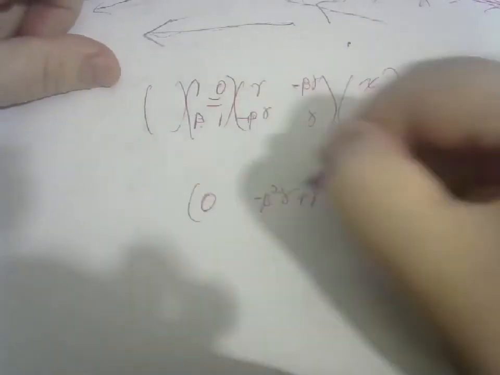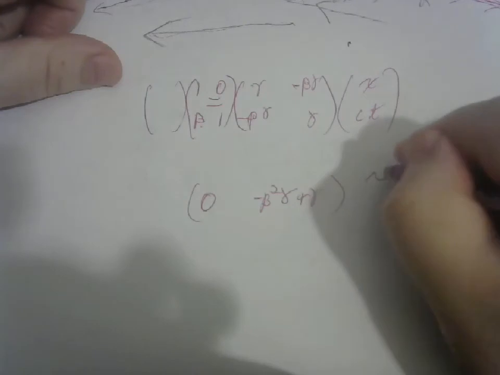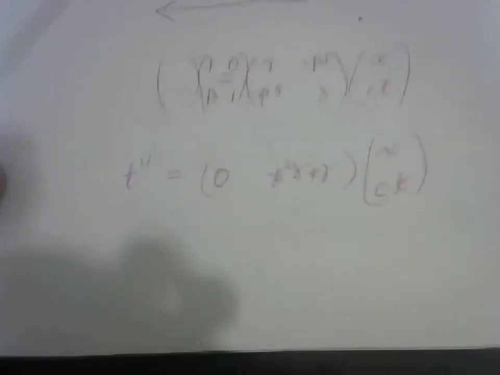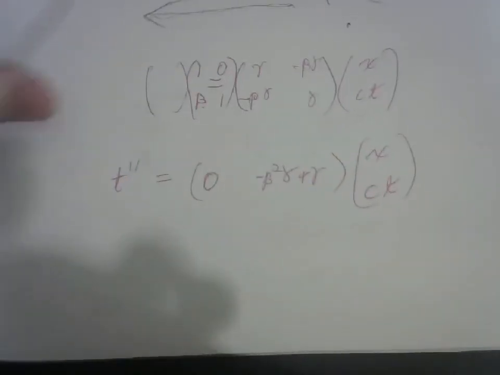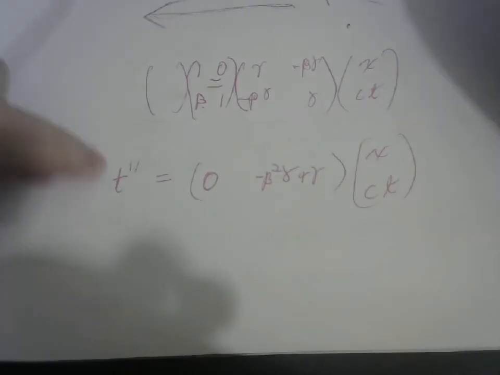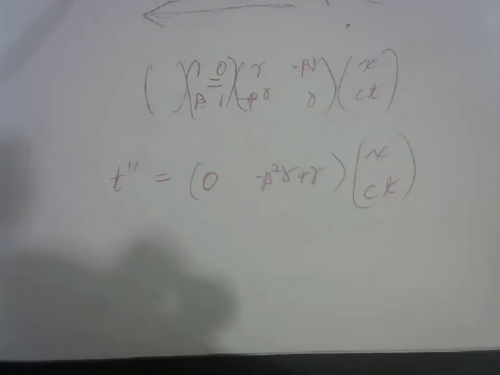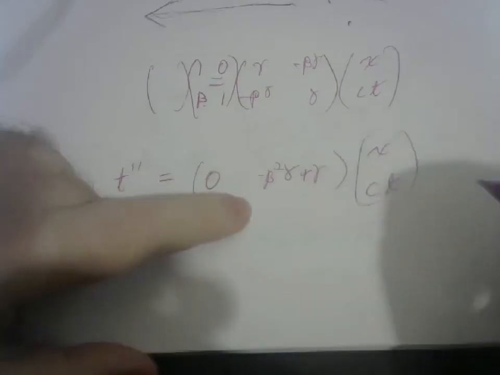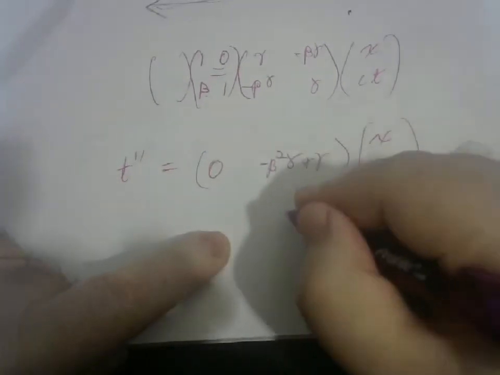So xct, this is going to be our t, we'll call it t double prime, since t prime was the Lorentz t, and t double prime will be the, what do we call it? Tangerlini t.